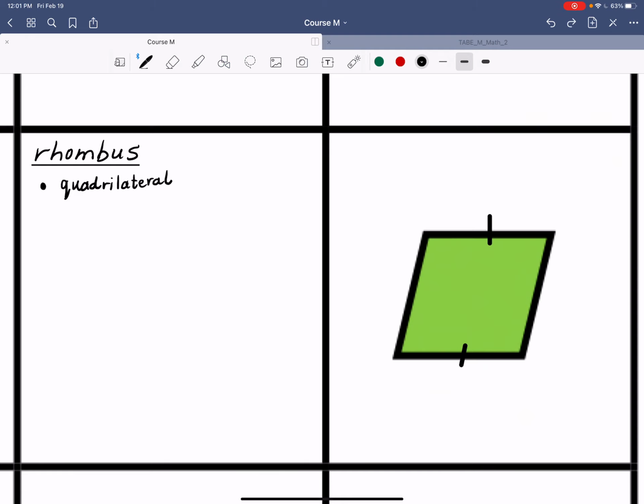They're also equal. But check this out. So are these. So the wide sides, we don't call them bases, we call them the width, but they're equal. And that's what those tick marks are showing me, that all sides are equal. So we can say that all sides are equal.